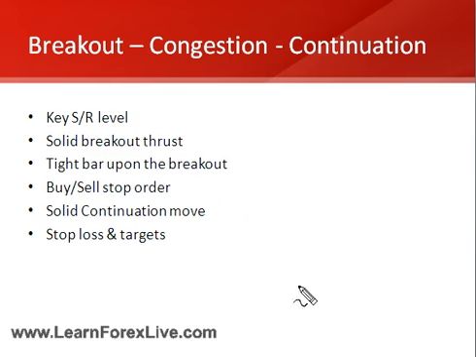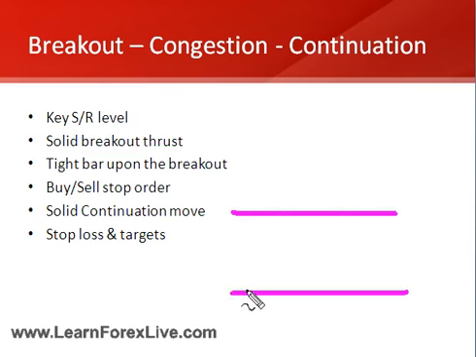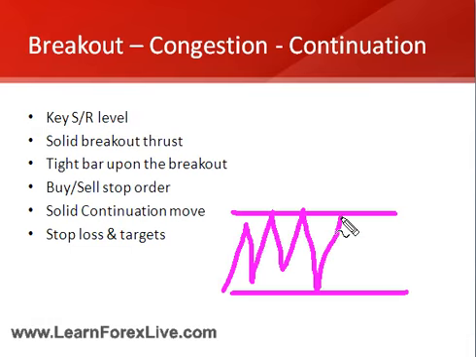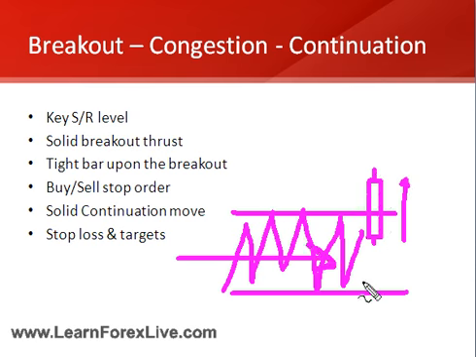So what you want to see instead is price moving within the channel. Whenever it comes to actually break through that level, you want to see this solid breakout thrust as far as the individual candle goes. It means that this breakout is ready to go through. The market is ready to continue, or at least to breach through that level of congestion, that area of congestion.